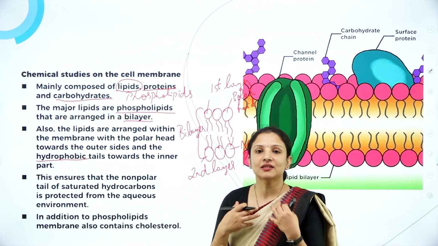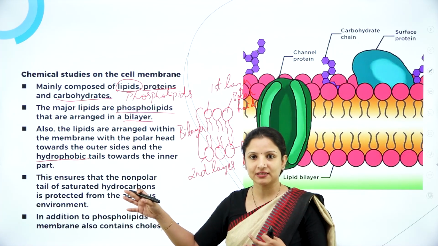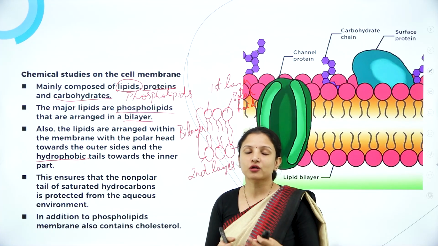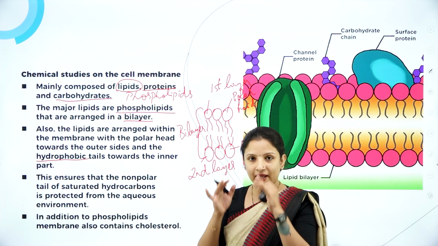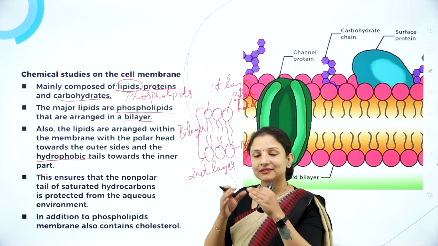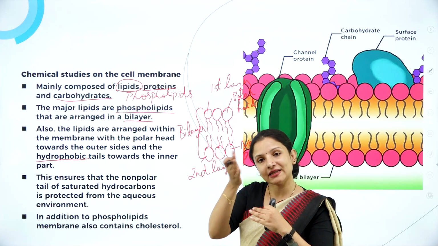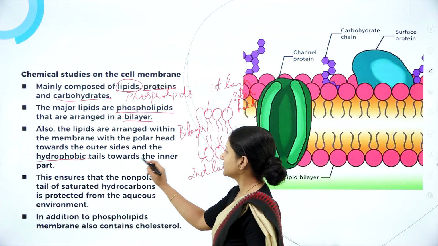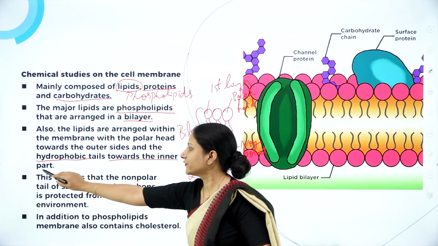Phobia means it doesn't like something, so the tail of the lipid has an aversion towards water. It does not like water, and hence it is always present towards the inside of the cell, towards the cytoplasm.